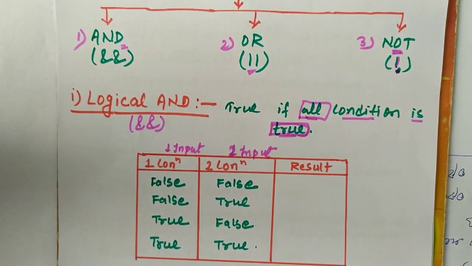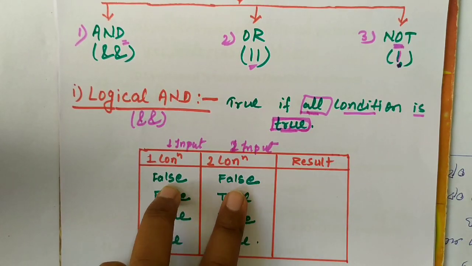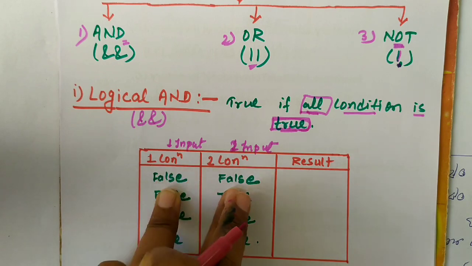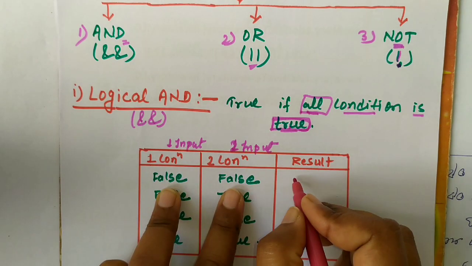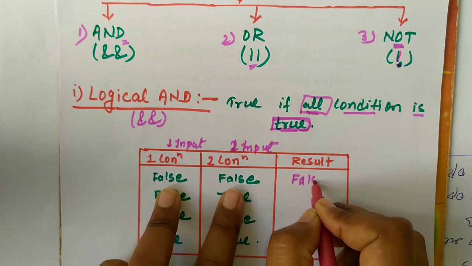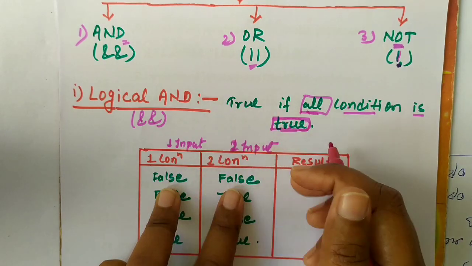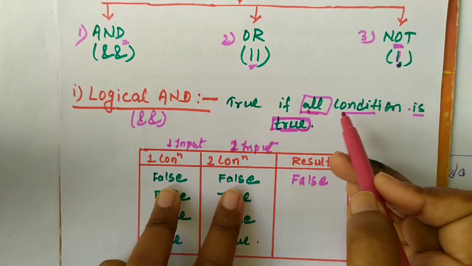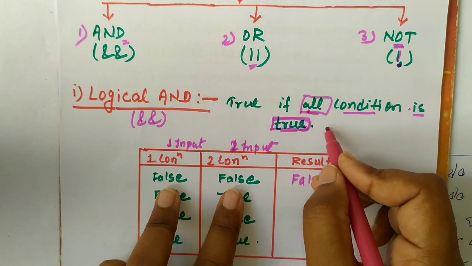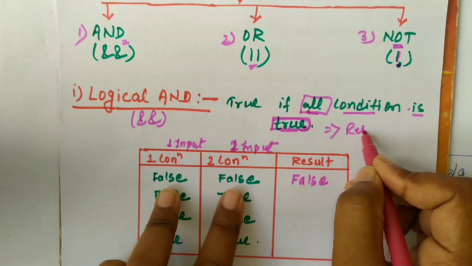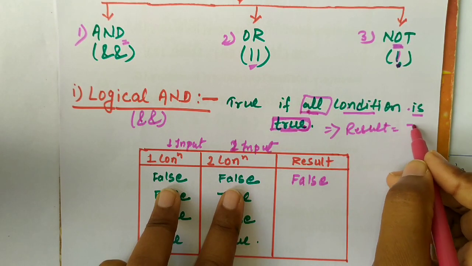So let's check if both conditions are true. First condition is false, second condition is false, so the result is false, because it says that if all conditions are true, the result is true.